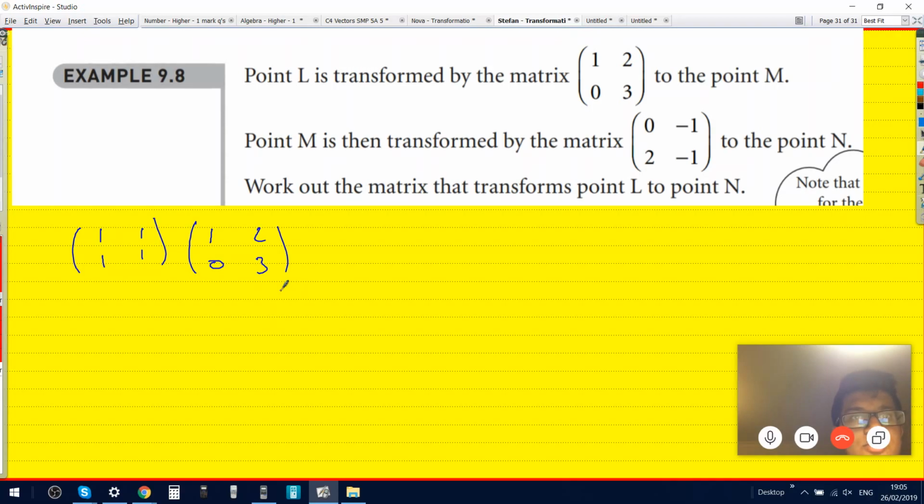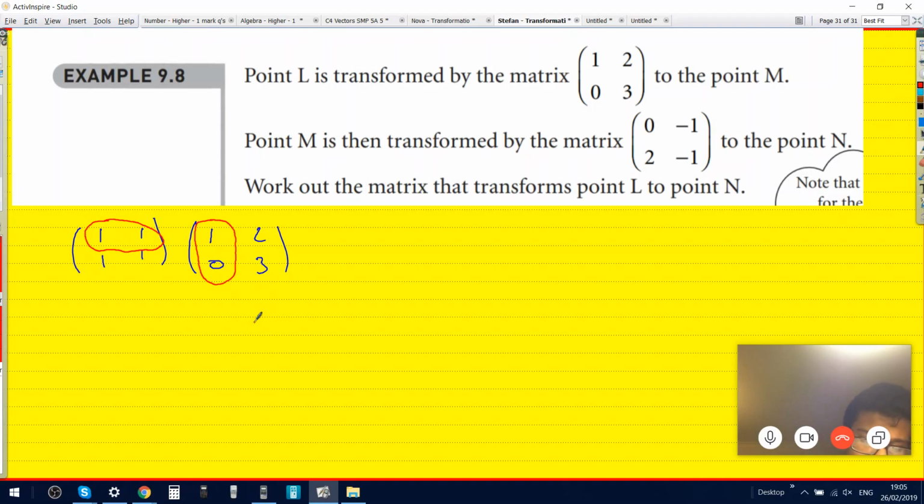That goes to 2, 3, 1, 4. I believe you multiply them when you're transforming them, don't you? And it was this kind of way. Okay, right, that's how you transform.